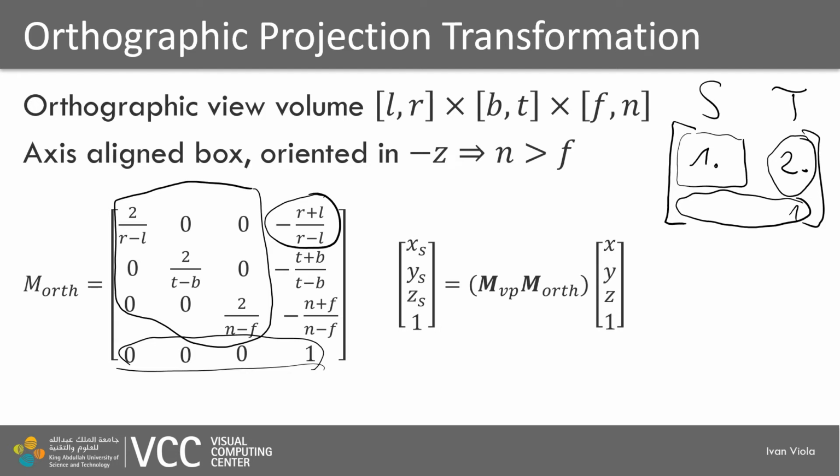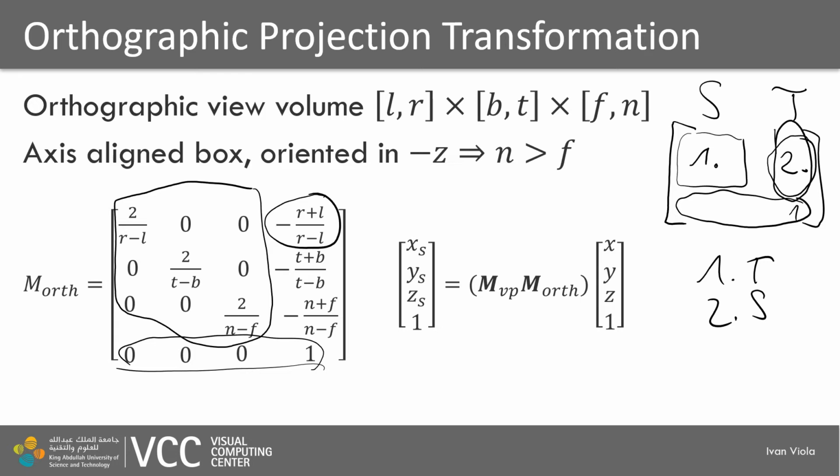If we first do the translation and then the scaling, as is the case here, because we move the viewing volume first into the origin and then scale, then we cannot expect to recognize the translation factors in the last column. They have already been scaled with our scaling factors through this multiplication. That's why they look a little bit different.